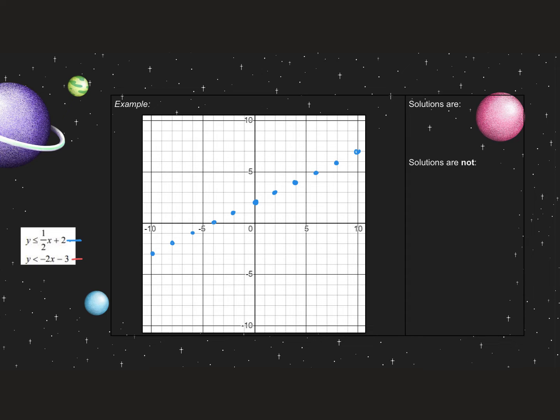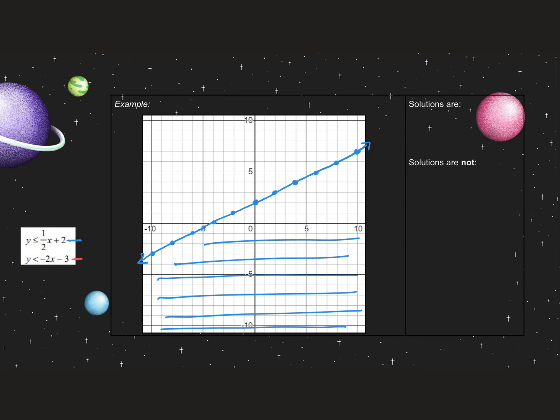Since it is less than or equal to, I'm going to use a solid line to connect my points. And since y is less than or equal to, I'm going to shade below my line. Now I'm going to graph my second inequality in red.